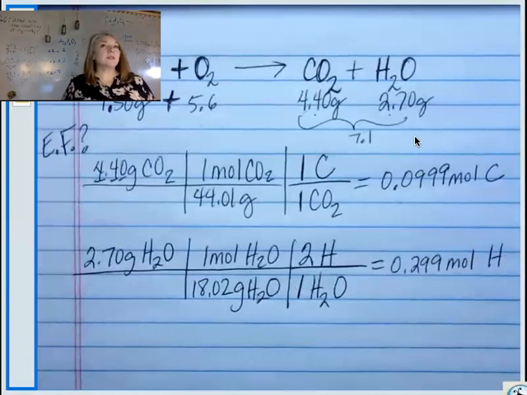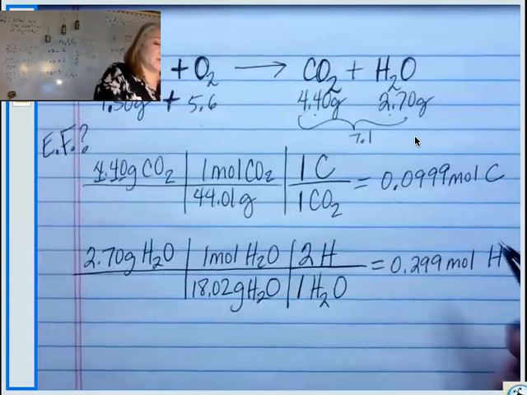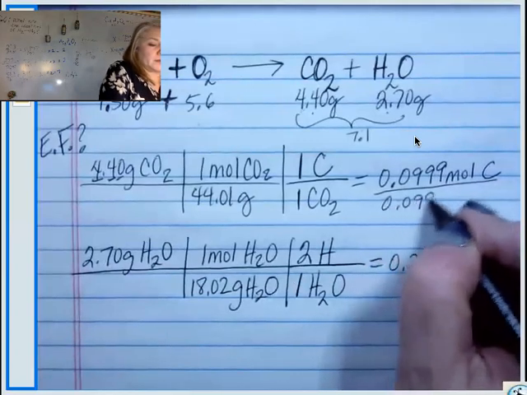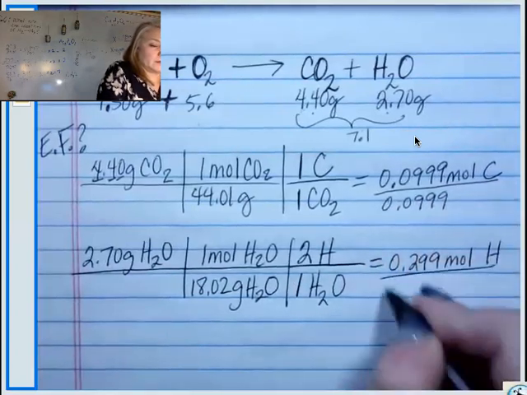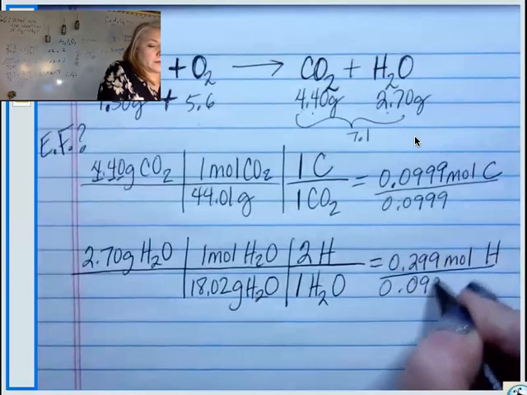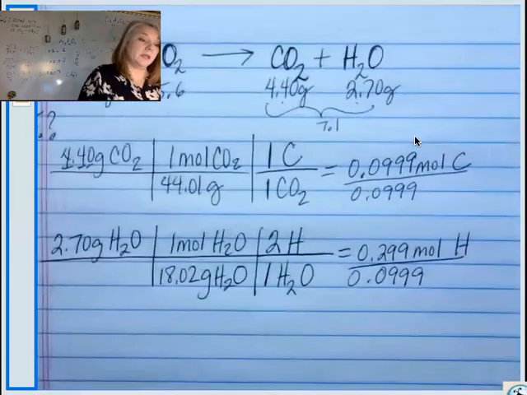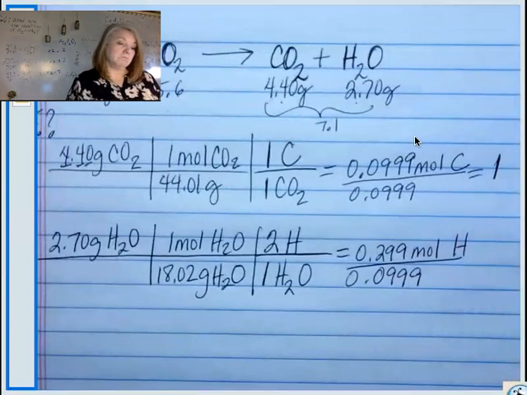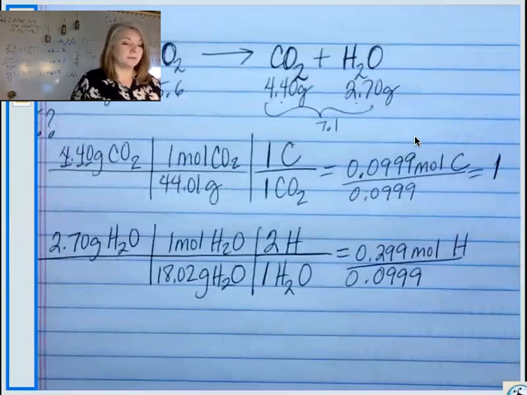Okay, so we're now to the step where we were yesterday. We're in moles. What are you going to do at this point? Divide by the smallest, which is going to be the carbon, right? Oh, that 0.0. Yeah, I forgot that. Can you just round that down? You can kind of see that's a 1-to-3 ratio from there, can't you? Yeah.